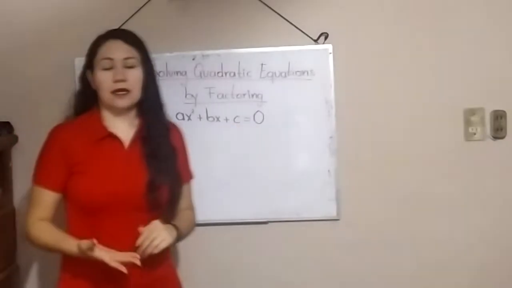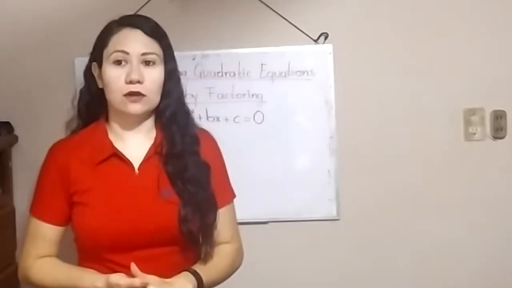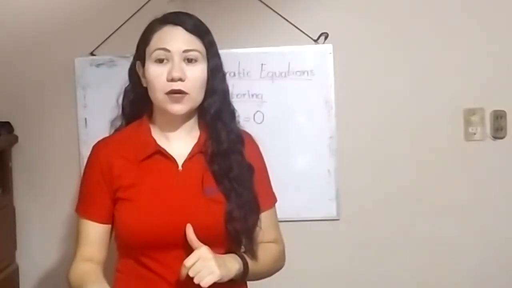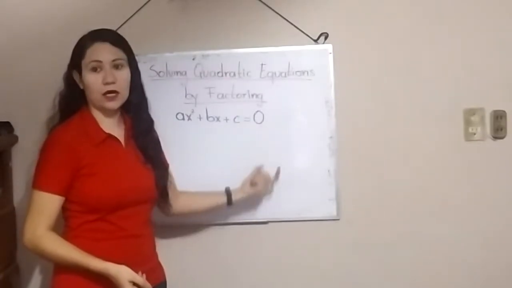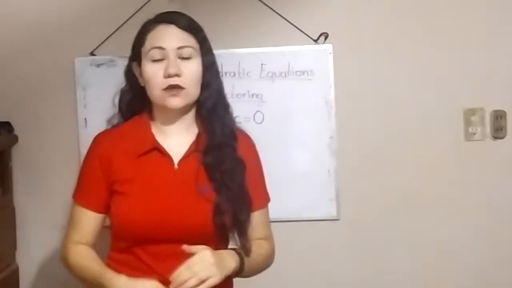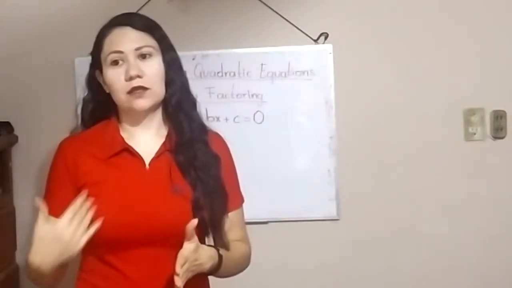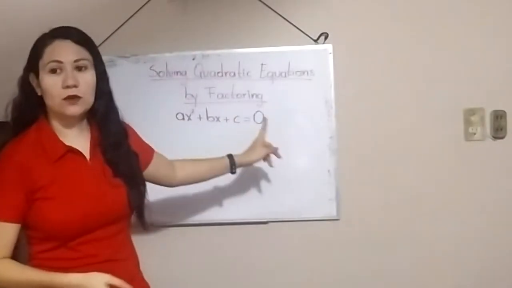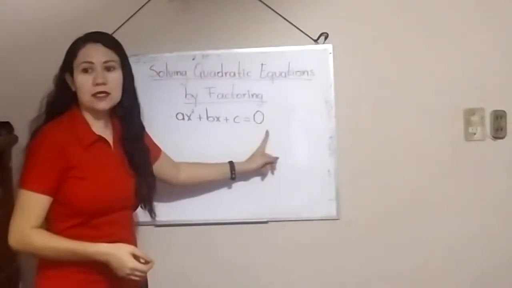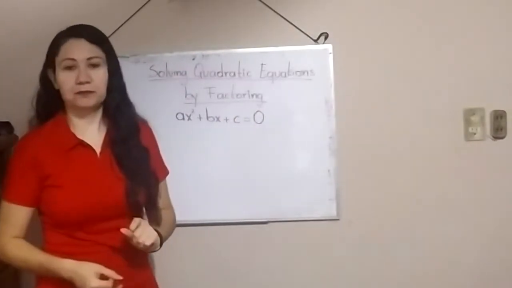Anytime we are going to solve a quadratic equation, it needs to be equal to 0. If it is not equal to 0, we need to clear or isolate the variables in order to make it equal to 0 and fit into this form.